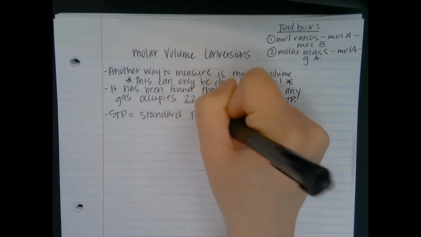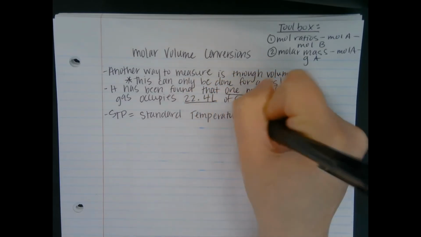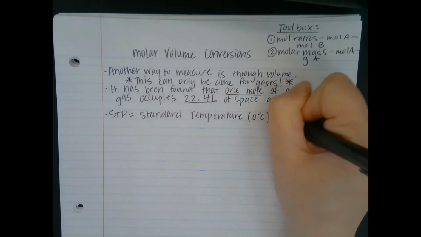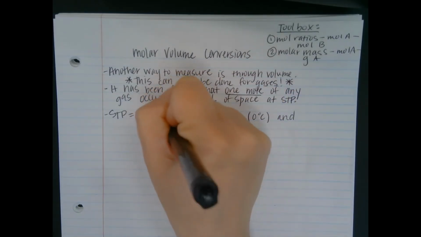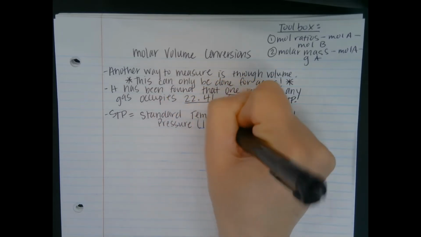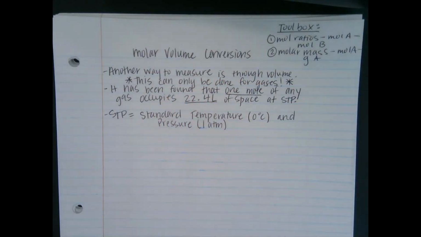So standard temperature is 0 degrees Celsius. And standard pressure is 1 atmosphere, ATM. And you may not be familiar with that unit, but it is a unit of pressure.